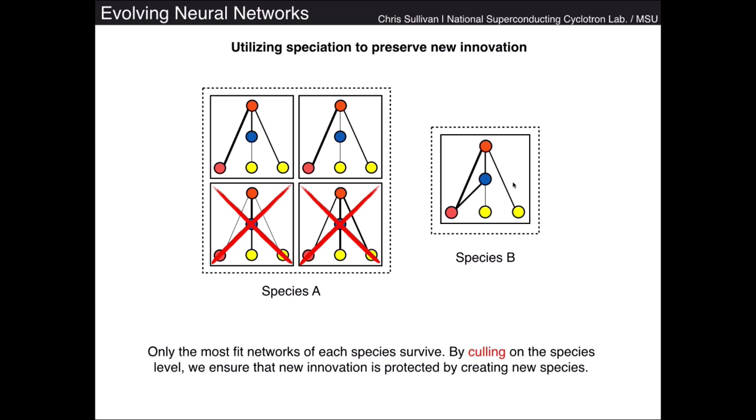Eventually, given enough time, it will be able to train this new connection to be comparable to these. In fact, because this is topologically different, it might be able to solve a problem that these couldn't. So using speciation, we're able to protect new innovation and ensure that, much in the way regular evolution does, new mutations are able to be beneficial to a network.